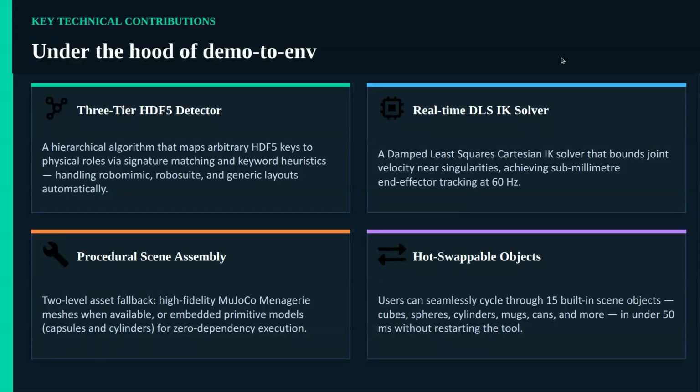But in case you haven't done the setup, the fallback is a primitive robot arm built from capsules and cylinders, and for the block you will have another small block. These primitive objects, which are mainly capsules, cylinders and blocks, act as a fallback if the MuJoCo assets are not set up.